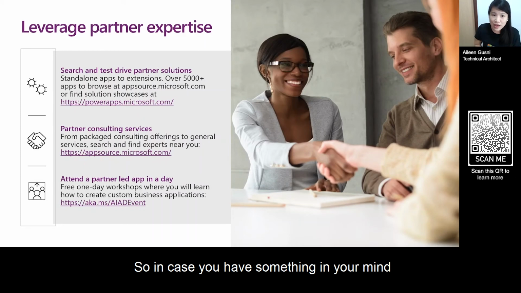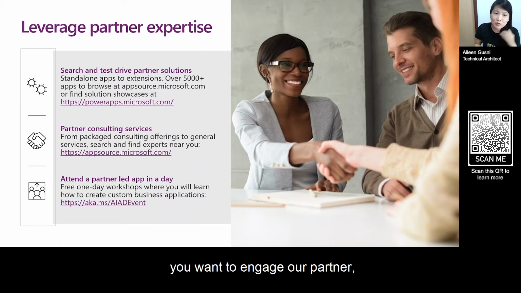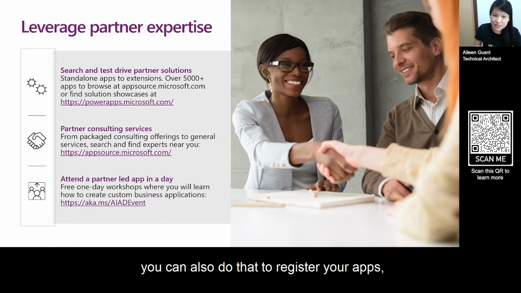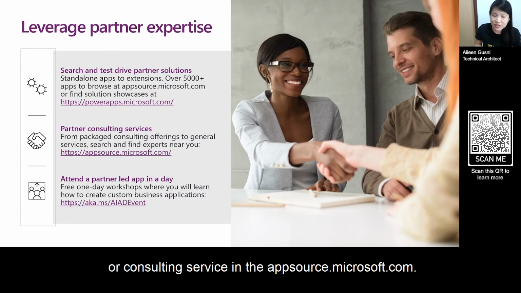So in case you have something in mind, you don't have time to implement, you have a lot of business requirements, you want to engage our partner, or you want to download the application that our partners have developed and implemented successfully, you can go to appsource.microsoft.com. As partners, if you want to offer your consulting services, you can also do that, to register your apps and your consulting service in appsource.microsoft.com.